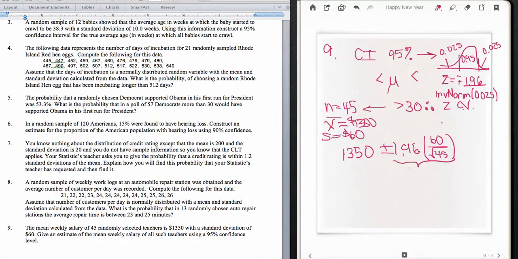So now I have 17.53 as an approximation here, and I'm just going to round that to 17.5, since everything's in whole dollars, so I only need tenths to be one more decimal than the original. So we have 1350 minus 17.5 for my left side of the interval, and for my right, plus the 17.5.